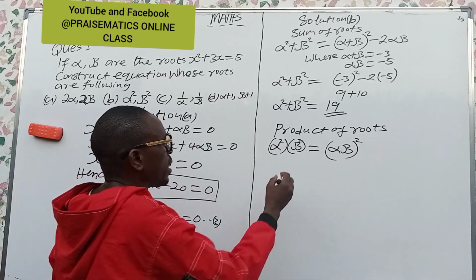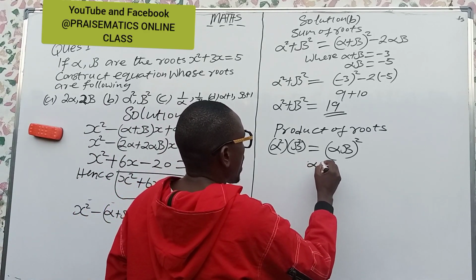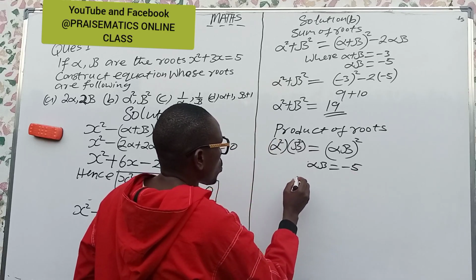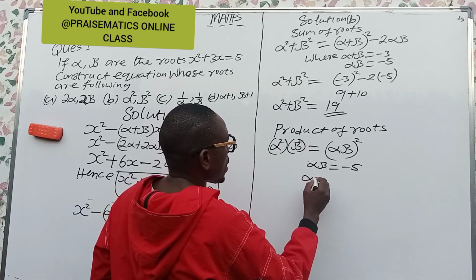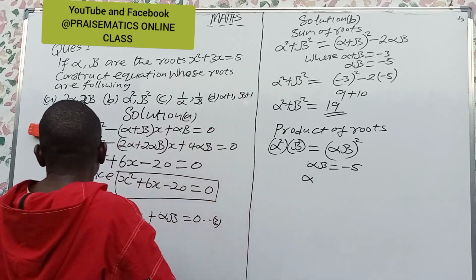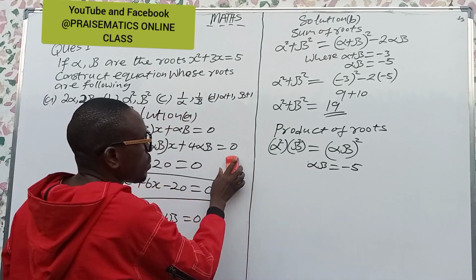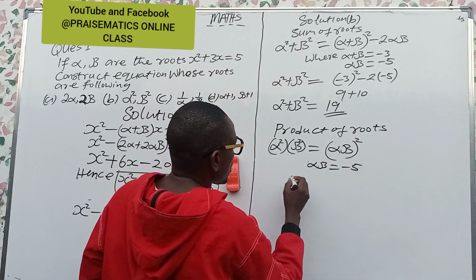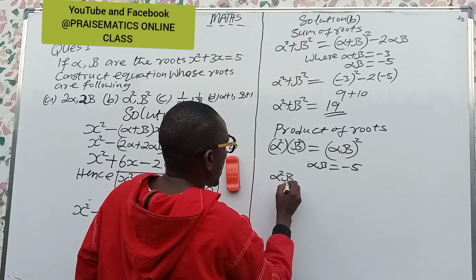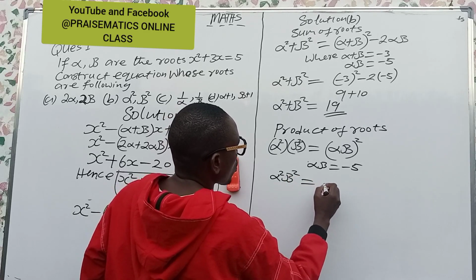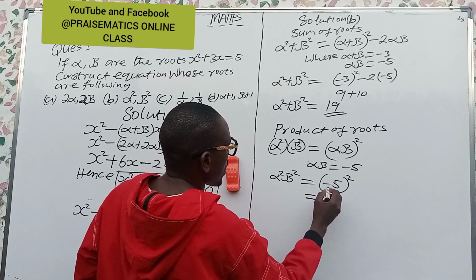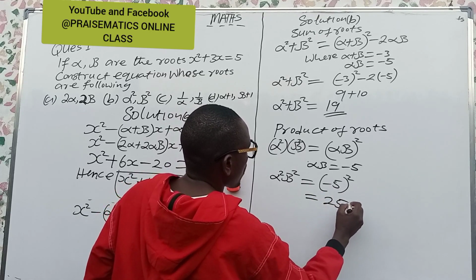Remember that alpha beta is equal to minus 5. So alpha square beta square is equal to minus 5 all raised to power 2, which finally will give us 25.